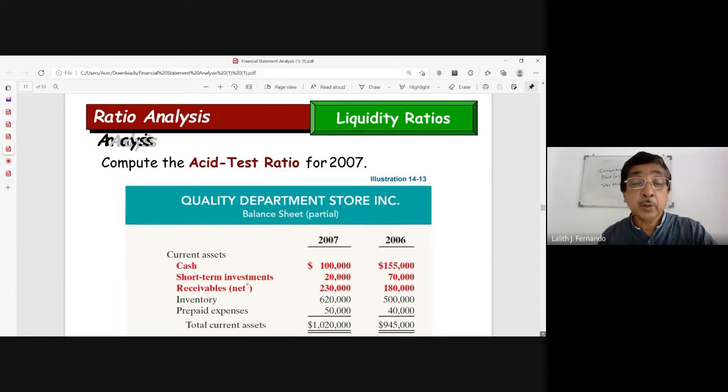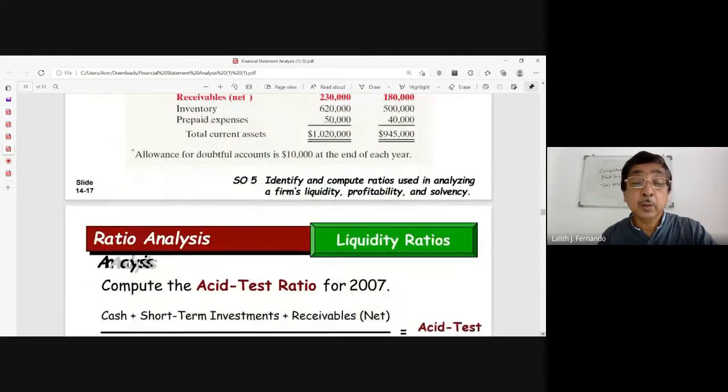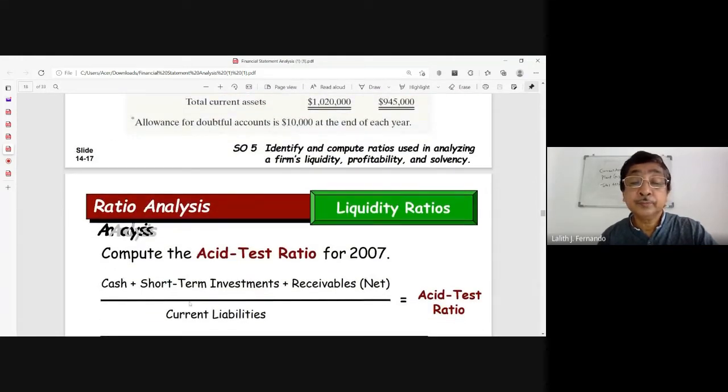So, cash plus short-term investments plus receivables. Here you can see the stocks are not available. Stocks in the sense, inventory or whatever. Inventory is not given here. So without the inventory, you get the other things.